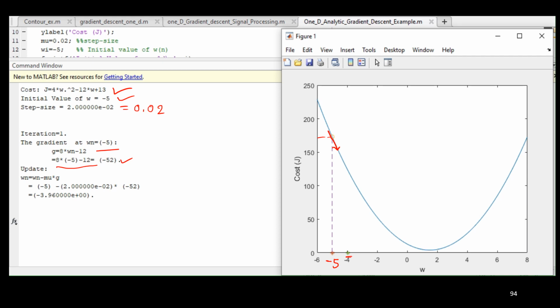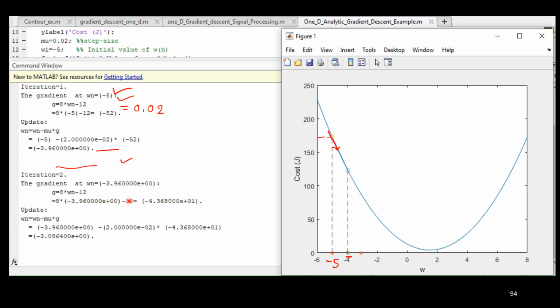At that point we get the cost value again. In the second iteration, this is your gradient. The gradient value is minus 4.3 times 10 to the power 1, meaning minus 43.